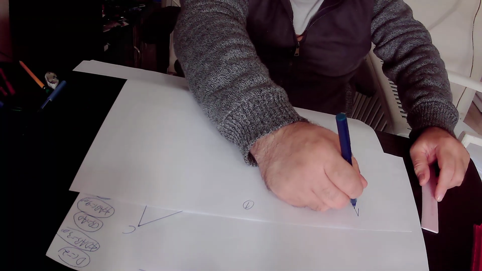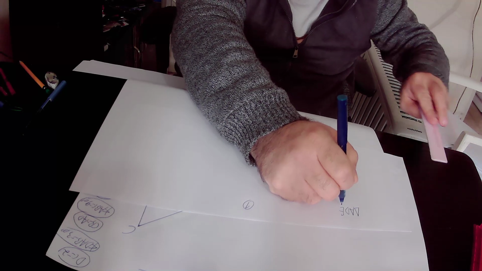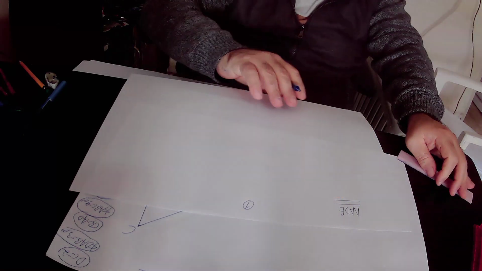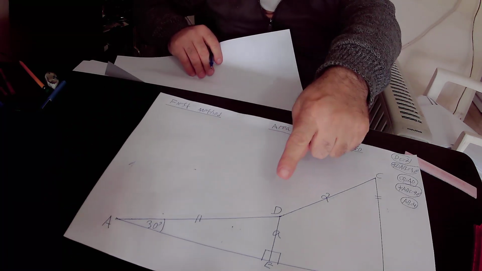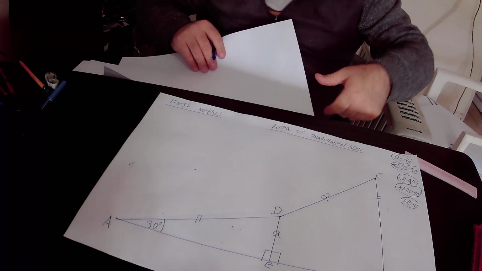On the right triangle ADE, we know that sine 30 degrees equals DE over AD.